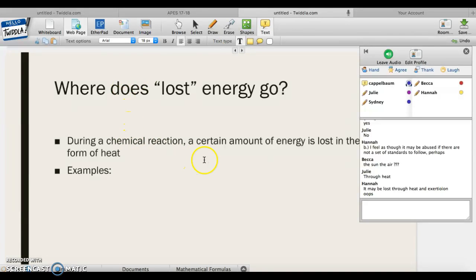All right, so during a chemical reaction, a certain amount of the energy is lost in the form of heat. Some examples that I was giving, such as appliances, are going to give off heat. Think about a refrigerator. The goal of the refrigerator is to make things colder, but as a result, you have to put out heat to be able to do that.